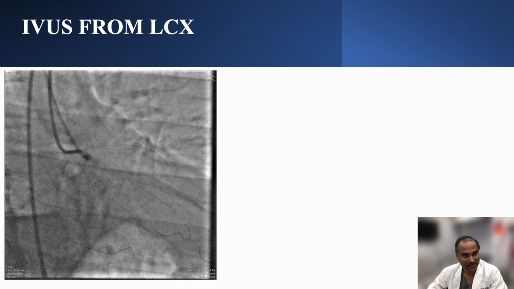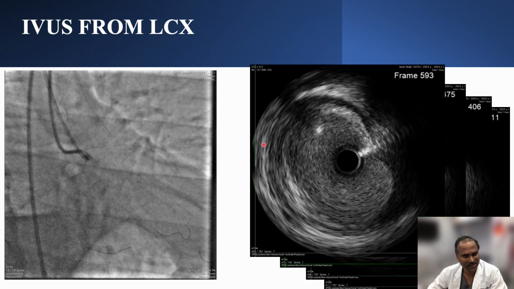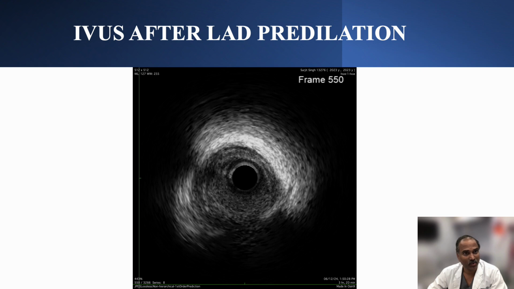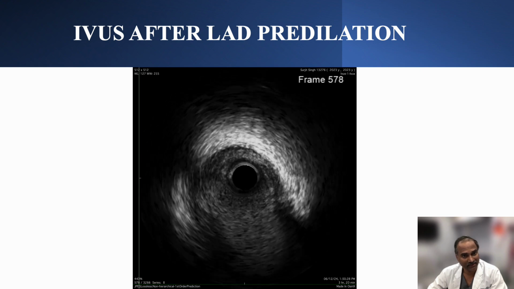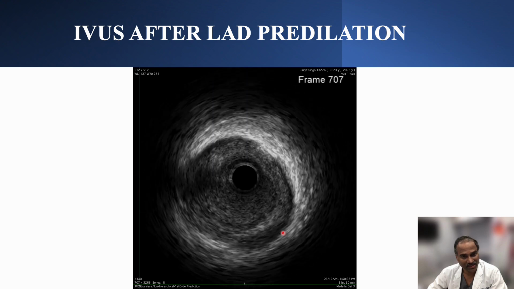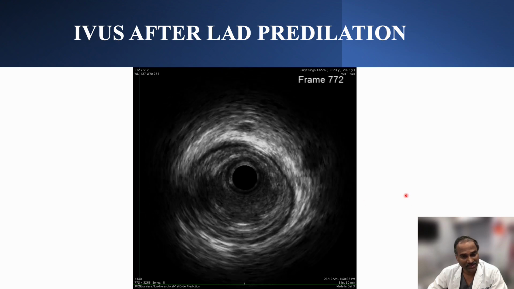So since LCX is diseased, we decided to go ahead with even a 2-stent strategy. I think this is IVUS from LCX, just reiterating the same points, and we pre-dilated LAD, and then again we did an IVUS. So this is a diagonal, which is coming from the same lumen.